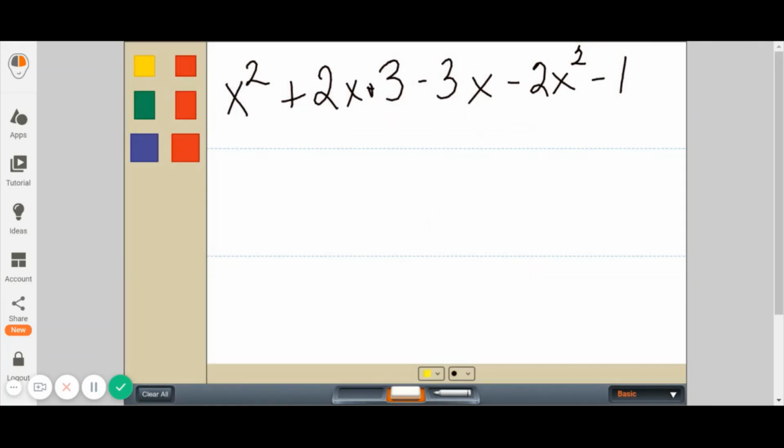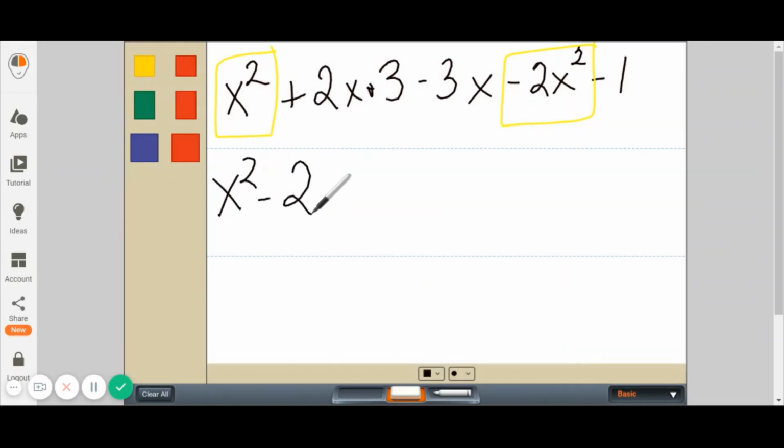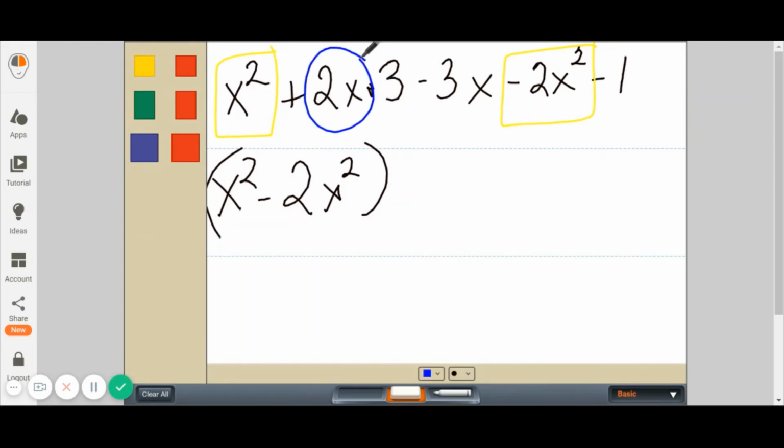We're going to take this long expression and get it to a point where it is in its simplest form. So I can identify like terms with color. x squared, and I have x squared over here. So I can go back and say x squared minus 2x squared. That's going to be one situation that I'm working with. Then the next term I have is x.